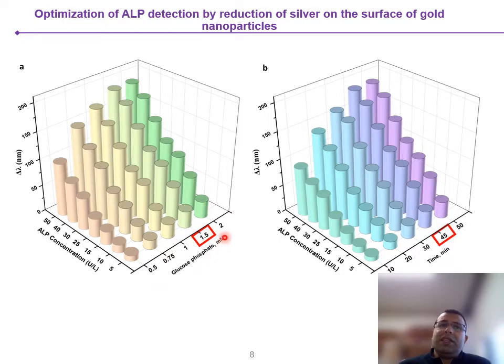To get the optimum concentration of glucose phosphate, we tried different concentrations of glucose phosphate with different concentrations of ALB, and we found that with increasing the concentration of glucose phosphate, the shift in wavelengths increased with all concentrations of ALB until it reached 1.5. So 1.5 millimole is the optimal concentration of glucose phosphate for this experiment.